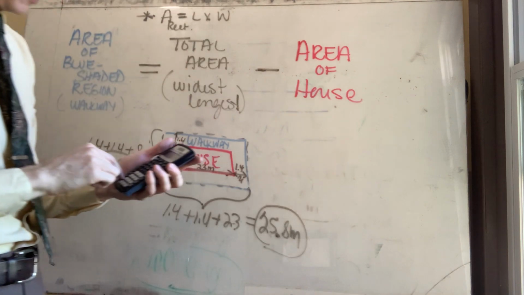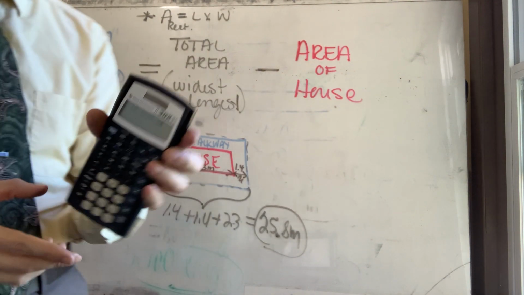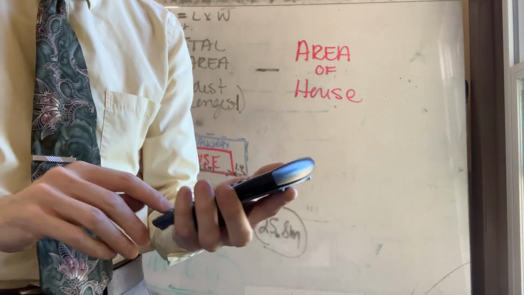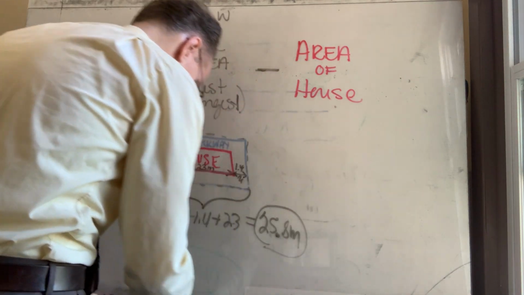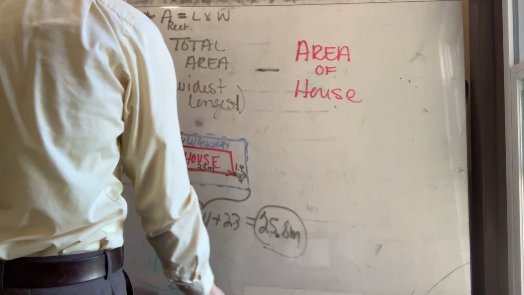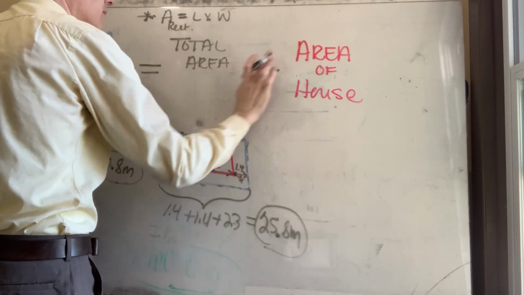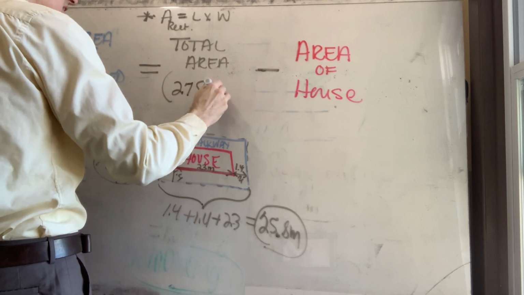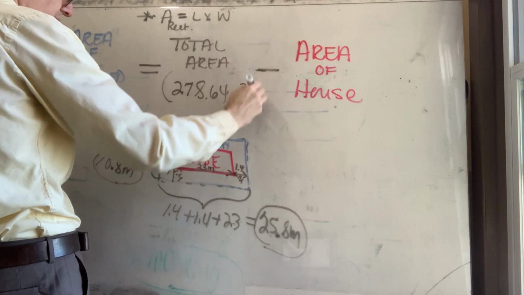So you could start with that if you'd like. 10.8 times 25.8 is 278.64. And it's an area, so it's meters times meters, so it's meters squared.